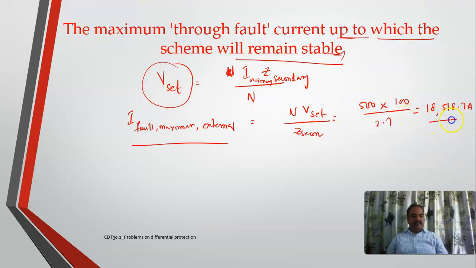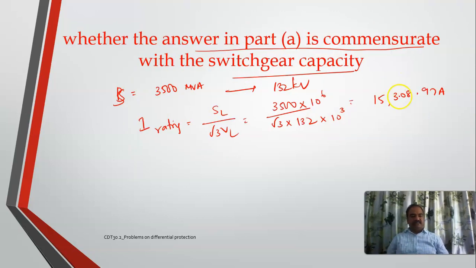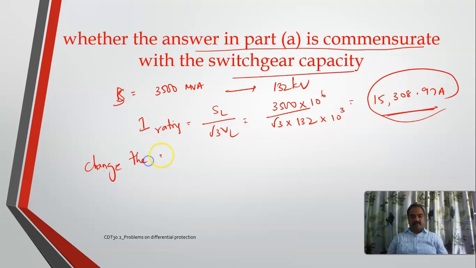are giving me a maximum current of 18,518, but my system says that it can withstand only 15,308. If the system cannot withstand 18,000 and it can withstand only 15,000, what I should do? I should immediately change the V setting. I should immediately change the voltage setting. So what is my new voltage setting?